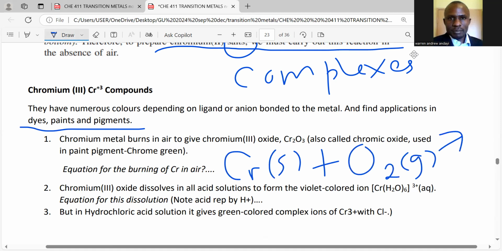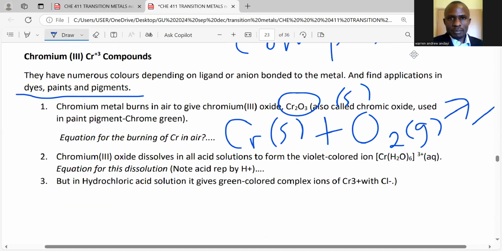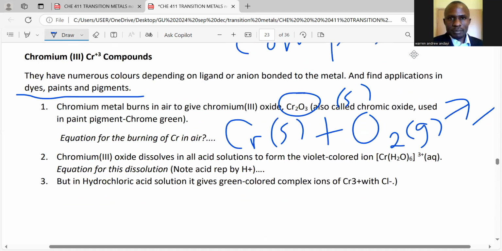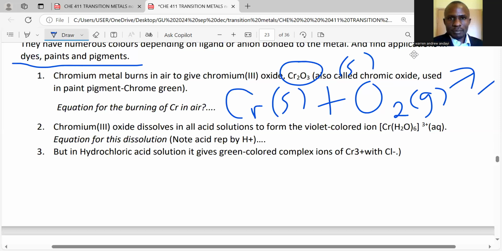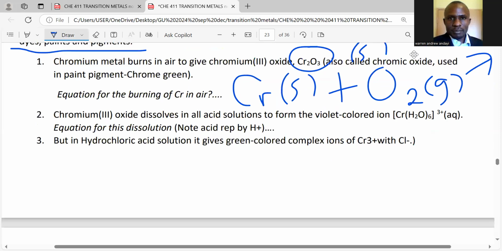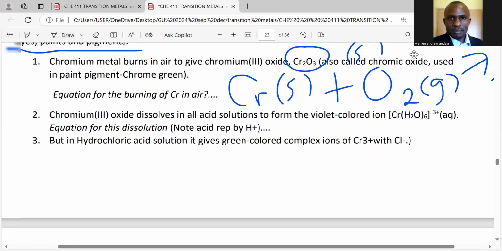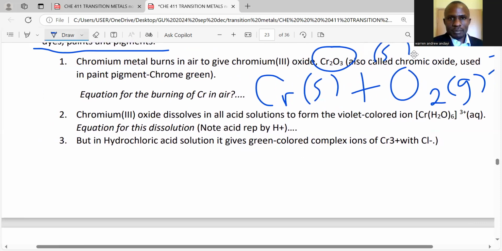It gives the product which is here, and it's a solid. Chromium oxide dissolves in acid solutions to form the violet chromium hydrate ion. Again, we can do that equation easily. So, chromium oxide dissolving.